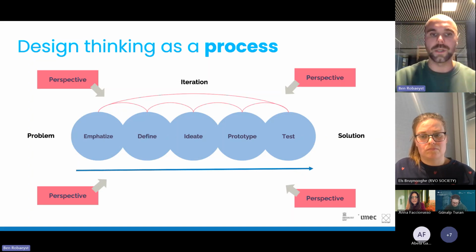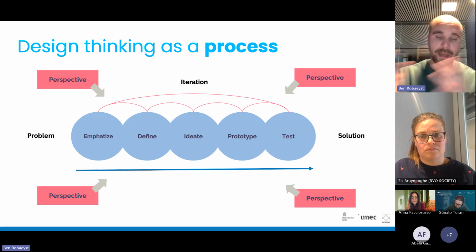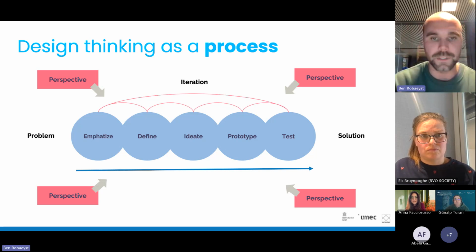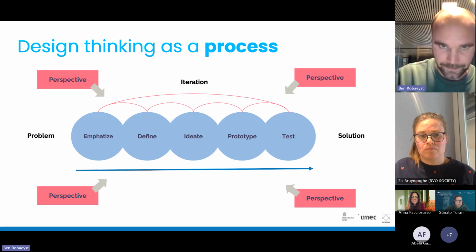So this process also allows students to go back in their process, to actually think critically about certain stuff. So this is what the process approaches.